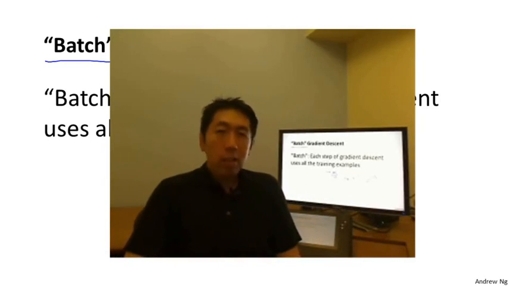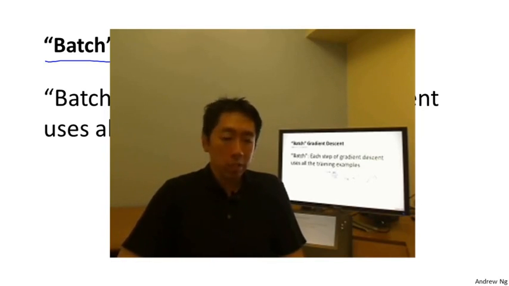If you've seen advanced linear algebra before, so some of you may have taken a class in advanced linear algebra, you might know that there exists a solution for numerically solving for the minimum of the cost function J without needing to use an iterative algorithm like gradient descent. Later in this course, we'll talk about that method as well, that just solves for the minimum of the cost function J without needing multiple steps of gradient descent.